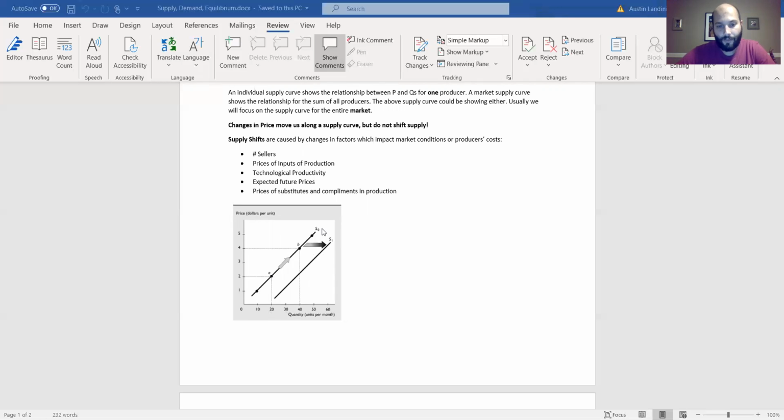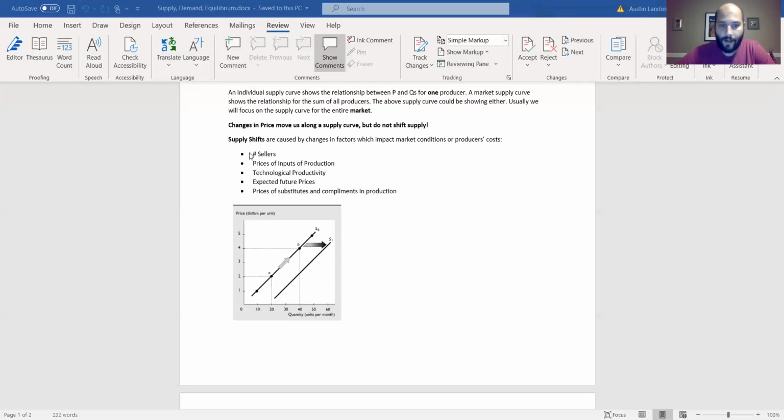I like to usually think of left and right, because an increase is always going to be to the right like this, and a decrease is always going to be to the left. That's going to be true for supply and demand. So here we have an increase to the right in supply. This could have happened for any number of these reasons, right?